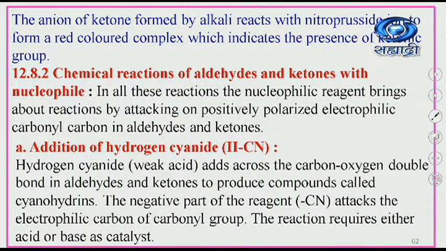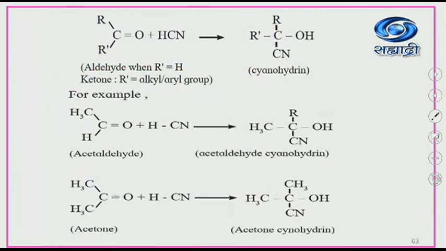Hydrogen cyanide, a weak acid, adds across the carbon-oxygen double bond in aldehydes and ketones to produce compounds called cyanohydrins. The negative part of the reagent, that is –CN, attacks the electrophilic carbon of a carbonyl group. The reaction requires either acid or base as a catalyst.